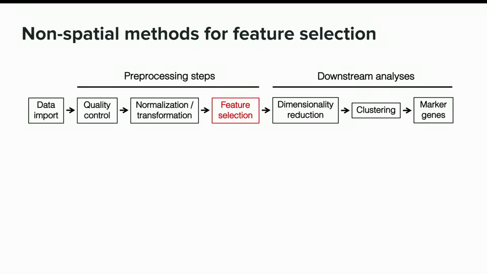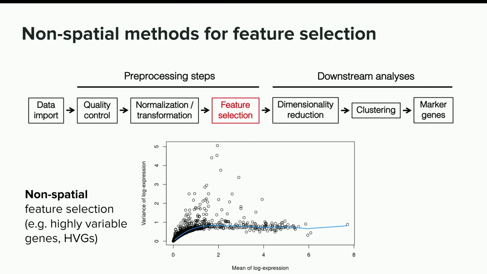Okay, so feature selection in spatial data. We could, for example, try using a method that was developed for single cell. The feature selection tool that's most widely used is something called highly variable gene selection. The idea is to basically fit what's called a mean variance relationship. I'm showing you a plot with the empirical mean on the x-axis and the empirical variance on the y-axis, where every dot here is a gene.